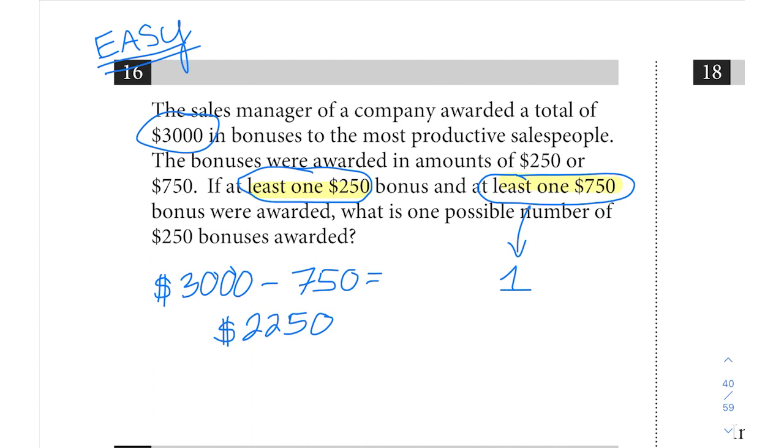And just one possible number of $250 bonuses is what they're asking for. Let's see how many $250 bonuses that would come out to. If we divide this by 250, 2,500 would be 10 $250 bonuses, so 2,250 is going to be 9 of them. And it works.